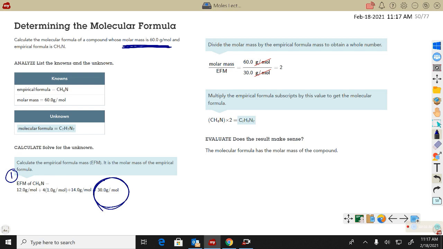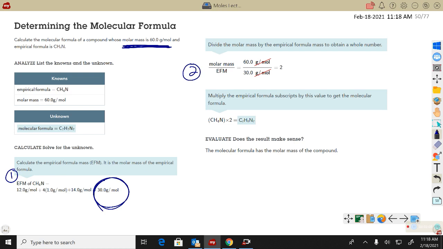We'll get that multiplier by comparing the true molar mass of the compound, which has to be given to us, to the empirical mass. The true molar mass was 60. Well, the mass of the empirical formula was 30.